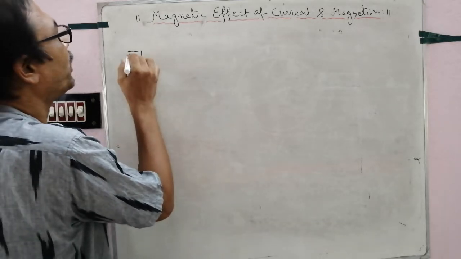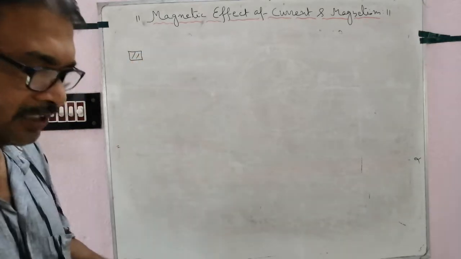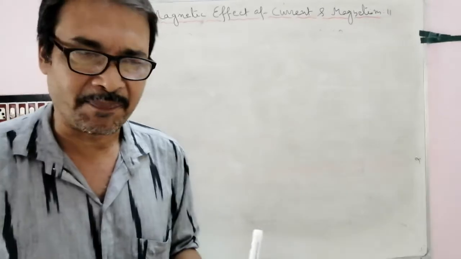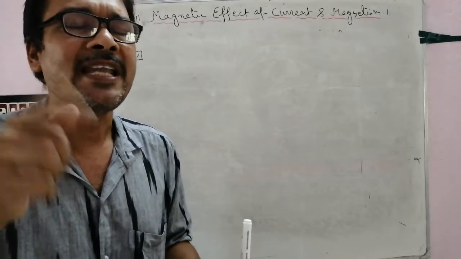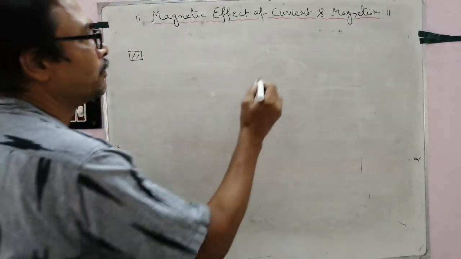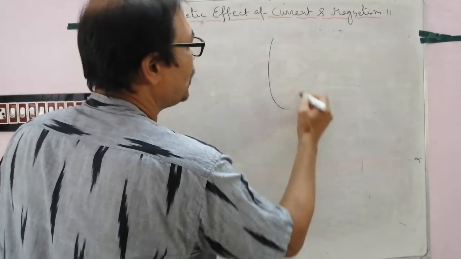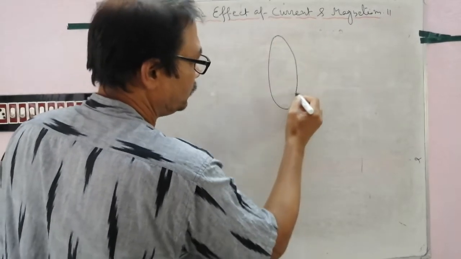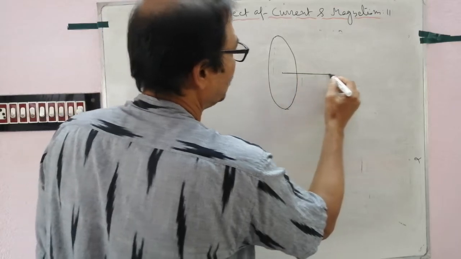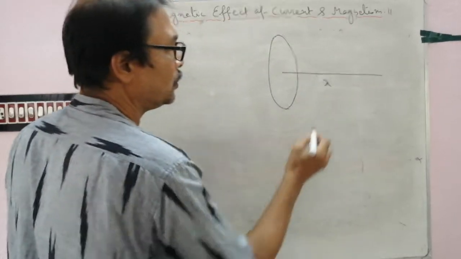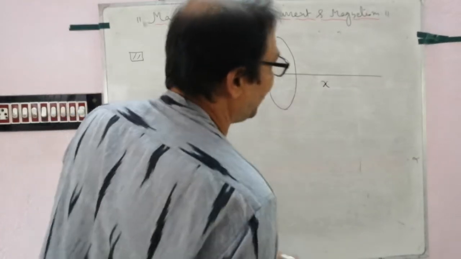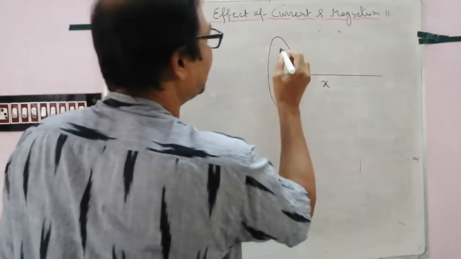Now another very important problem on the basis of the magnetic field at any point on the axis. Follow. This is a coil with radius A. Today at first I discussed it.